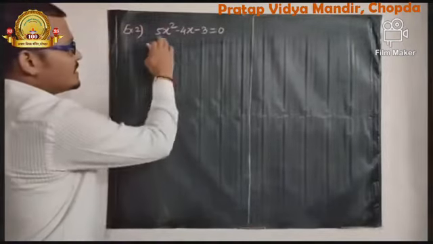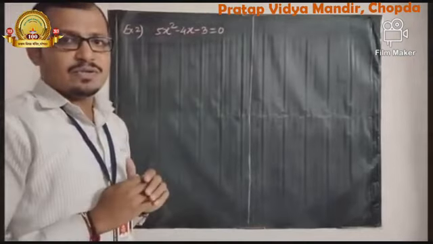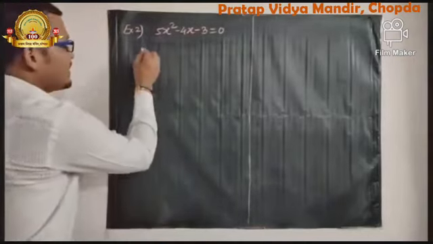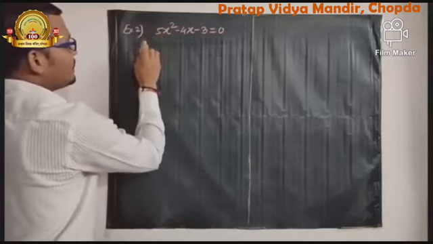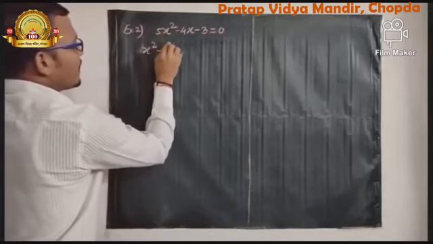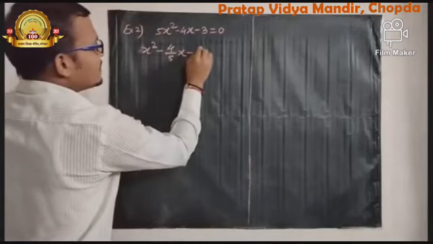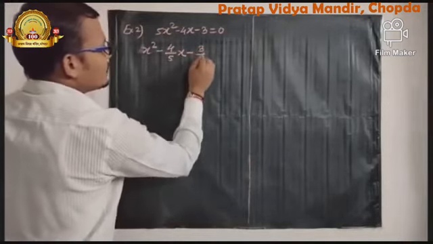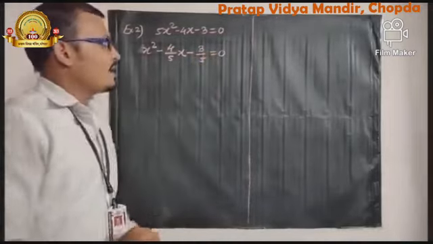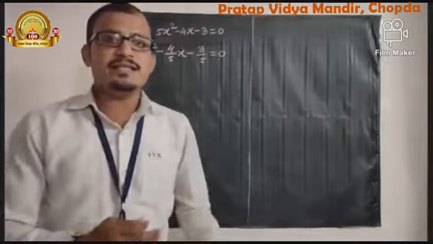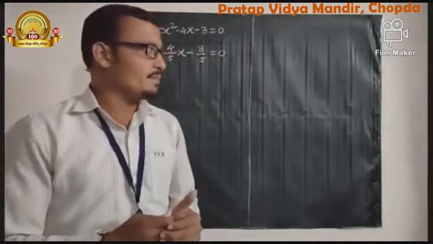So let us divide this whole equation, 5x square minus 4x minus 3 is equal to 0, by 5. So we get here x square minus 4 upon 5 x minus 3 upon 5 is equal to 0. And now we can easily solve this equation by completing square method.